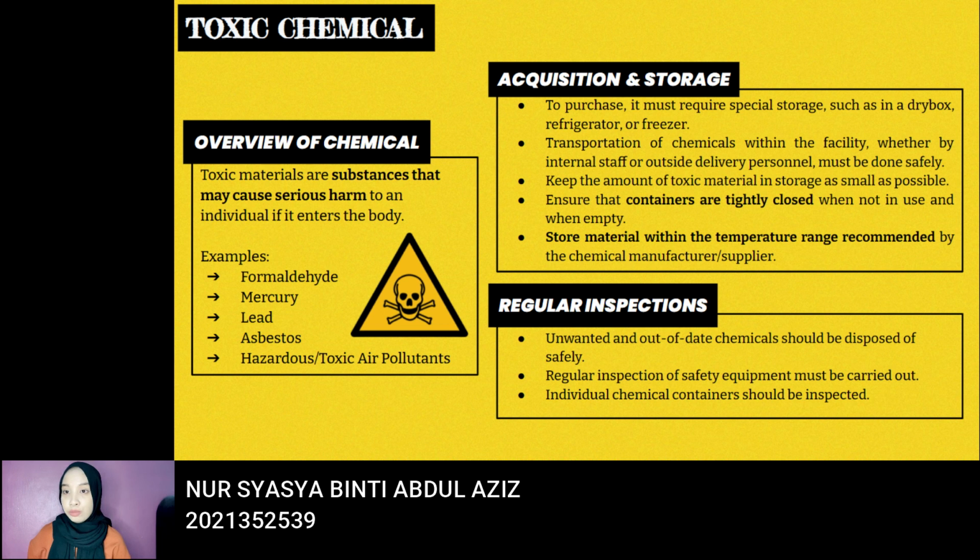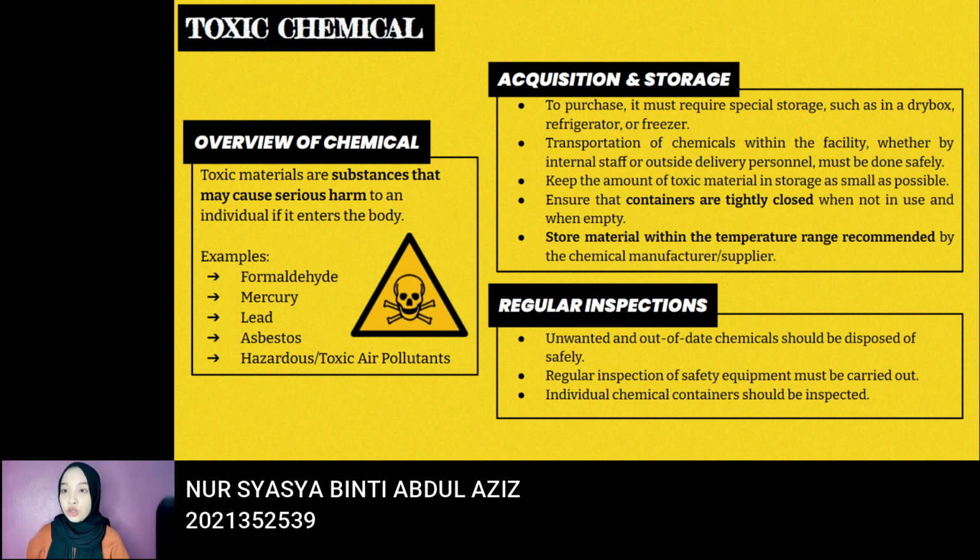First, when purchasing, consider whether it requires special storage, such as in a dry box, refrigerator, or freezer. Next, transportation of chemicals within the facility, whether by internal staff or outside delivery personnel, must be done safely. My third point is to keep the amount of toxic material in storage as small as possible.